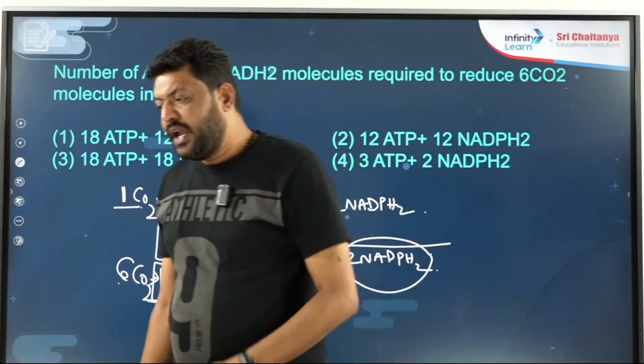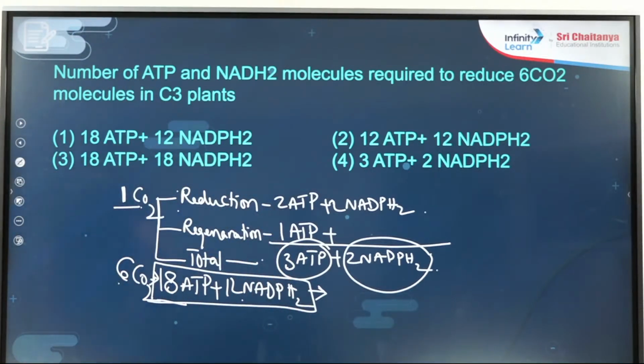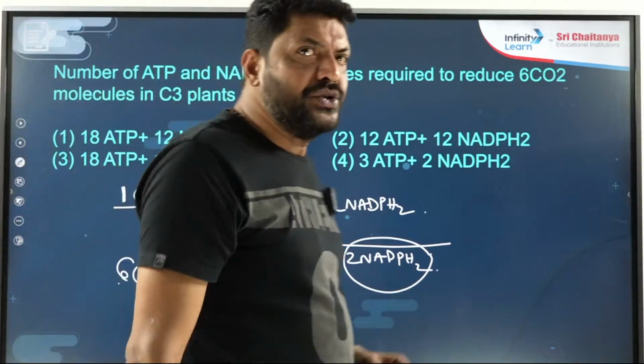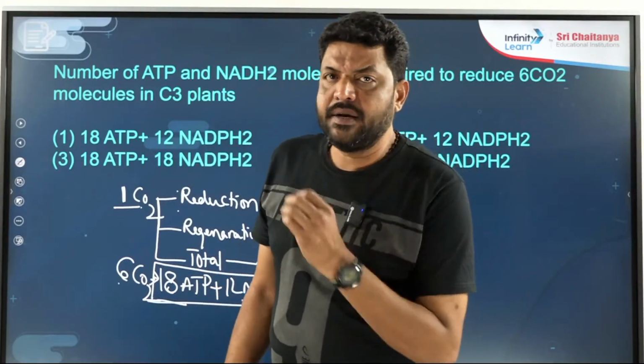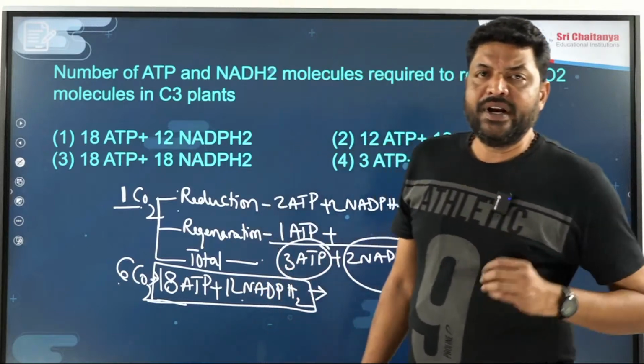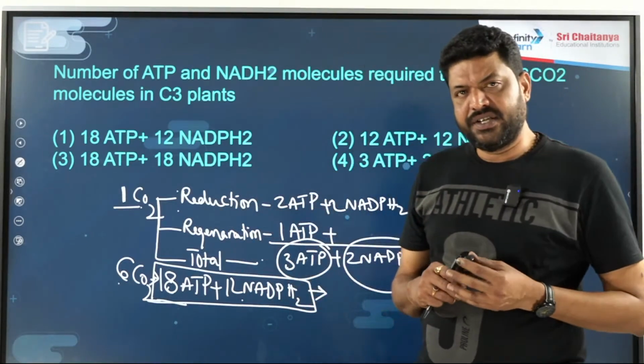Hence, ATP plus NADPH2 together are called reducing power or assimilatory power. Assimilatory power or reducing power is synthesized in the light reaction.